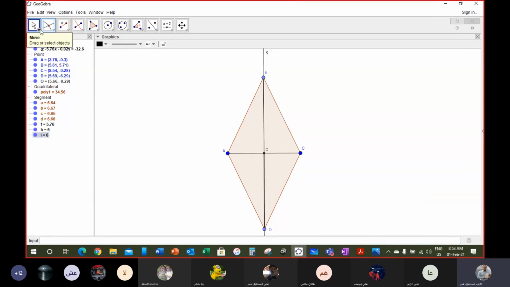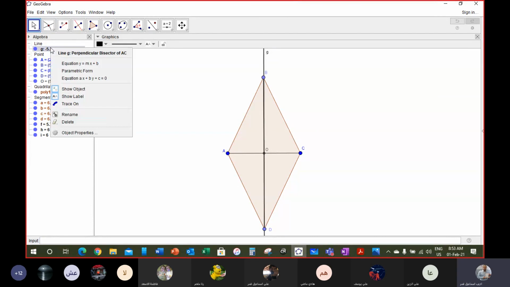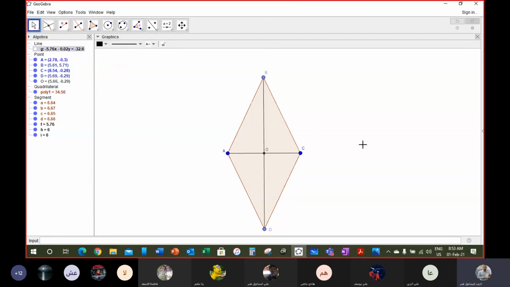Okay, صار معنا الرومبس. Now we can remove the line. هذا الرومبس ABCD. هيك بنرسم. لازم نحط segment وباخد perpendicular bisector of this segment. باخد points above this segment and below this segment on the perpendicular bisector بشرط انه يكون ال OB equal لل OD.